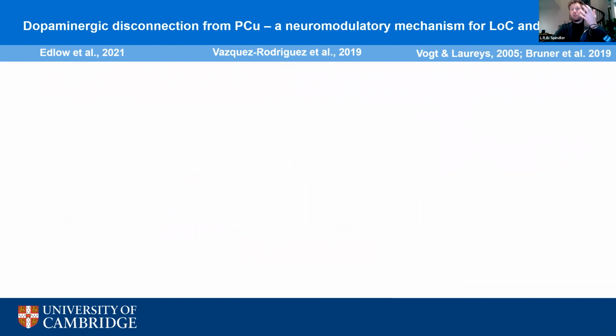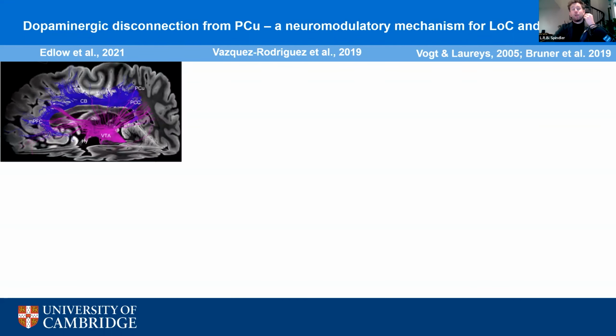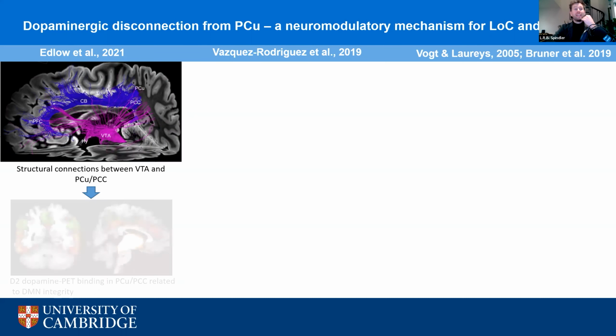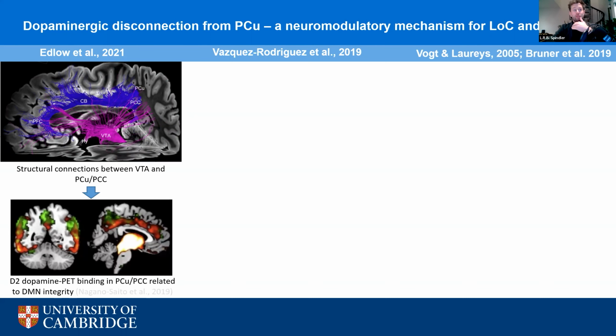And in terms of the context in the literature, this seems very, very much feasible because there are lots of structural connections between the VTA and the precuneus and posterior cingulate. And we actually know that D2 receptor, so dopamine D2 receptor binding in that region is related to default mode network integrity.